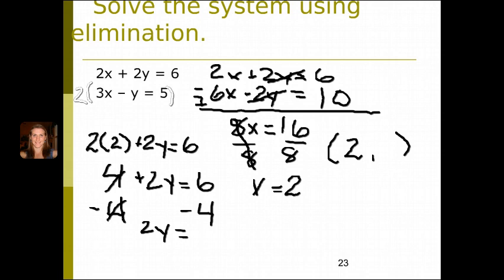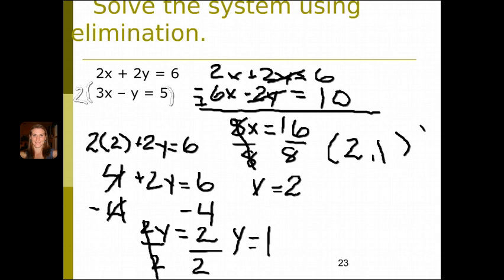Now we are going to divide by 2 on both sides to get y by itself. 2y divided by 2 cancel, leaving us just y. 2 divided by 2 gives us 1. So in this equation, y equals 1. Now we have our ordered pair, which is our solution of 2, 1.